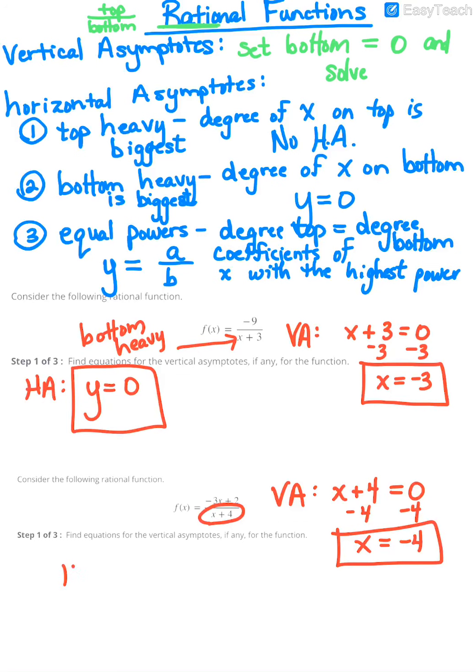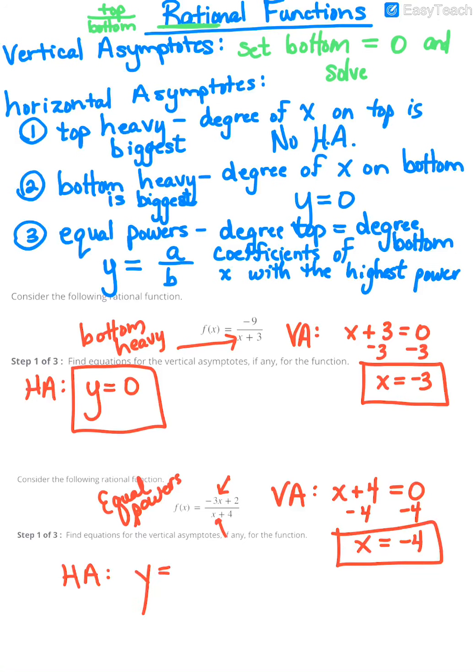Now, you'll notice for the horizontal asymptote in this case, when I look at my power of x on top, it is x to the first. And when I look on bottom, it is also x to the first. So this is a case where they have equal powers. The degree on top is equal to the degree on bottom.